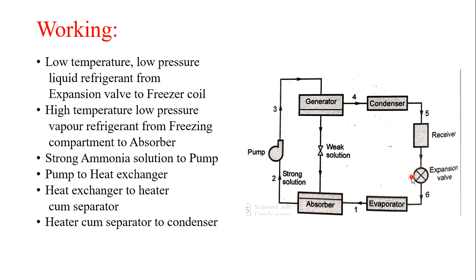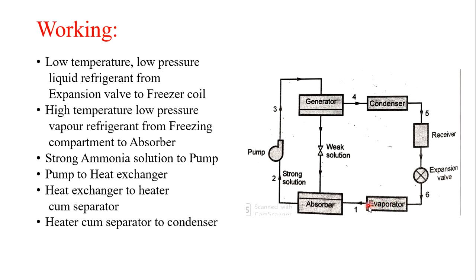Liquid ammonia at low pressure and low temperature from the expansion valve enters the evaporator coil. When it enters the evaporator coil, it absorbs heat present in the system. When it absorbs heat, it changes its state from liquid to vapor. Therefore, it maintains low temperature than the surrounding temperature by removing heat present in the system.